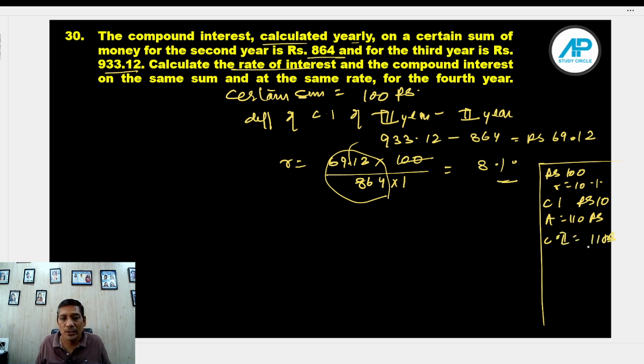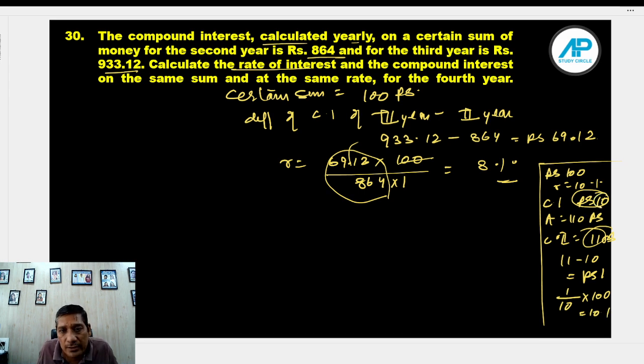Rupees 11. Now look very carefully. For the first year interest and the second year interest, this is a difference of 1 rupee. And this rupee 1 is 10% of the interest of the first year.